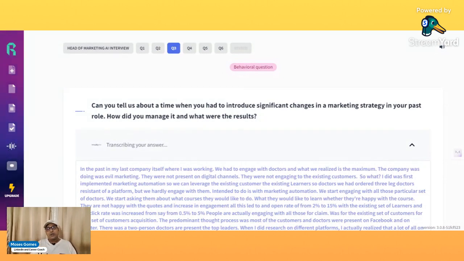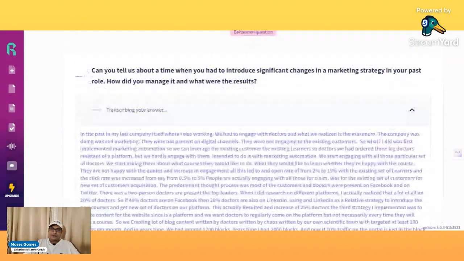In 2 years' time I had 2400 blogs, and now 50 to 70% of traffic on the portal is just in the blog section, not even in the learning section. The plus point is we increased the engagement on the website. These are huge results. I think this will suffice for your question. Thank you.